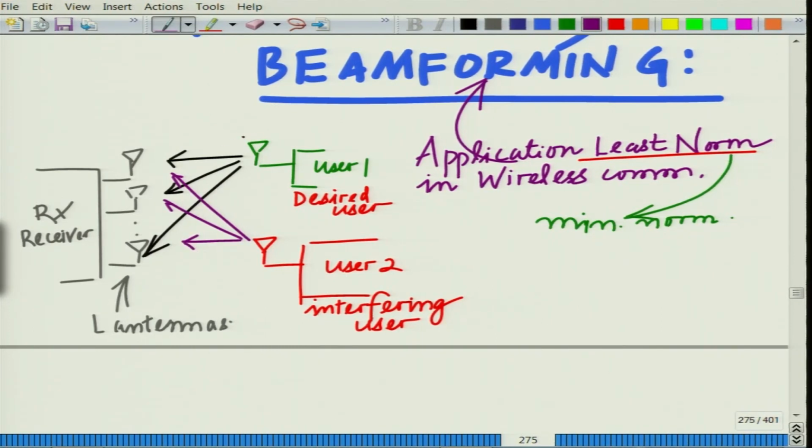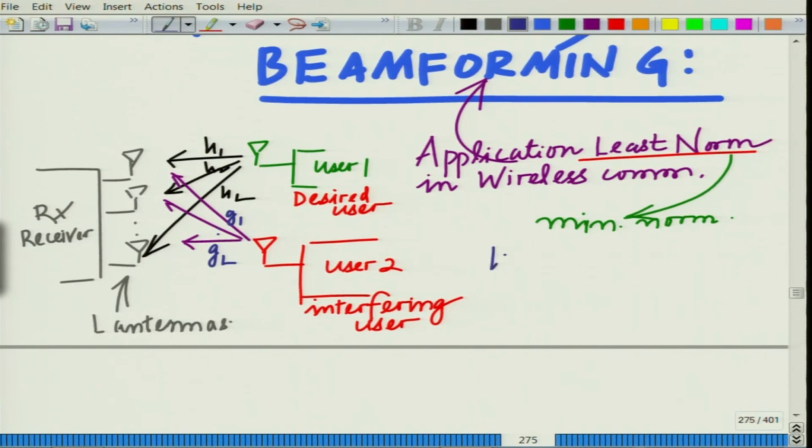So, let us say the channel coefficients of the desired user are denoted by h1, h2, so on up to hL, and those of the interfering user we denote by g1 up to gL.